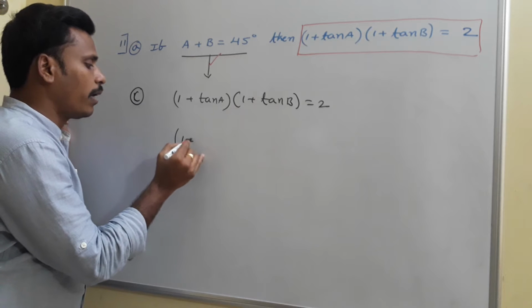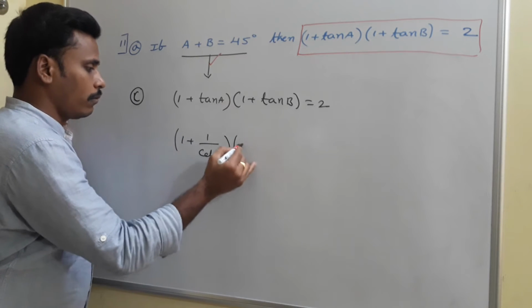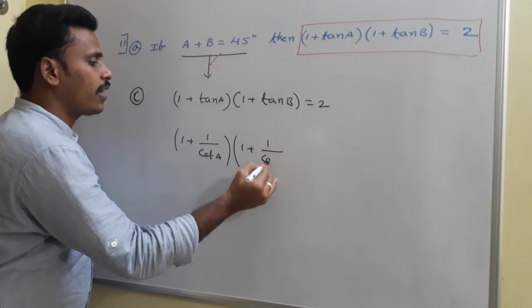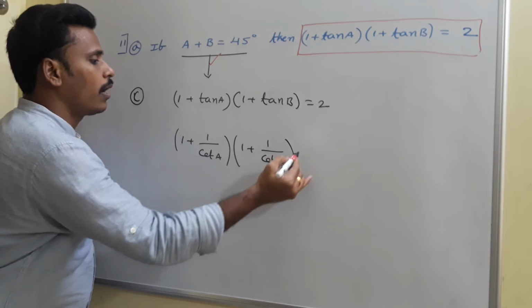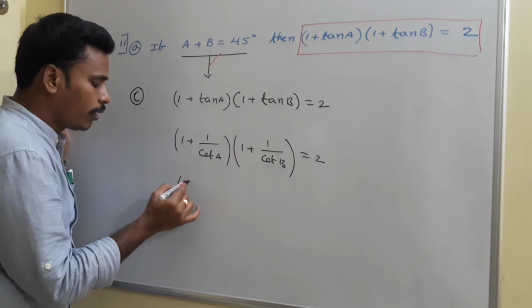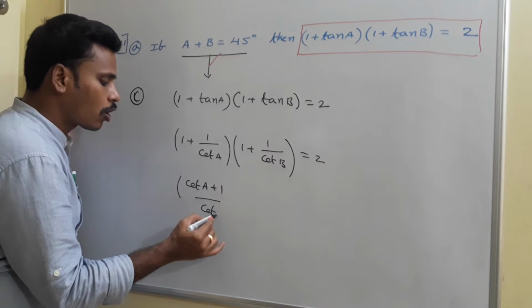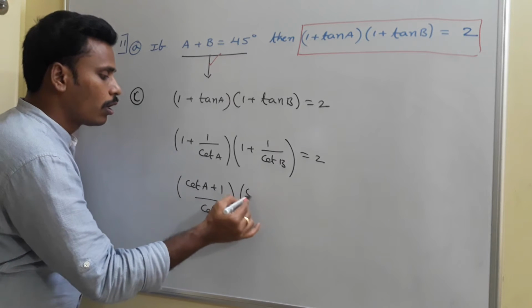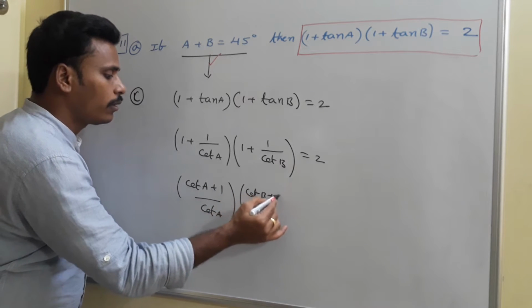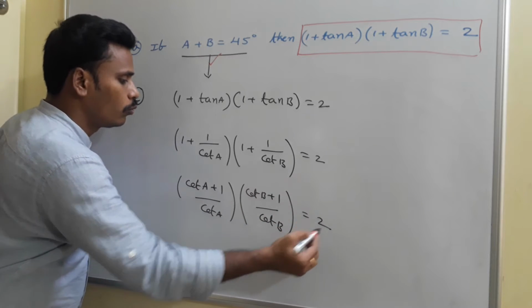For that, write this tan A as 1 by cot A, and write this tan B as 1 by cot B. And the product is again 2. Now taking the LCM in this bracket, you will get cot A plus 1 by cot A into cot B plus 1 divided by cot B is equal to 2.